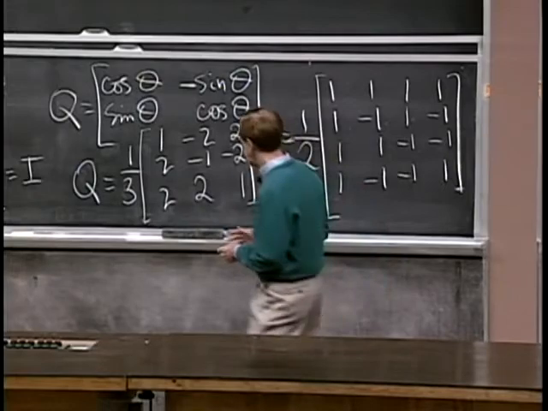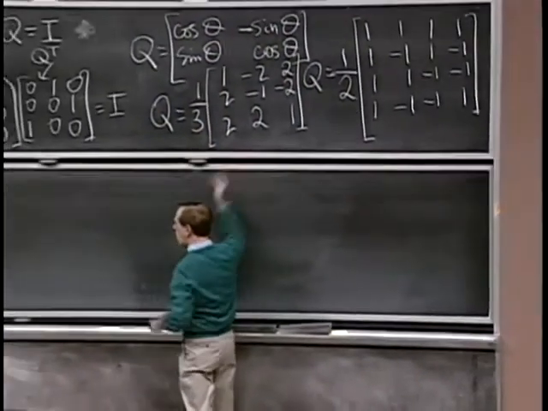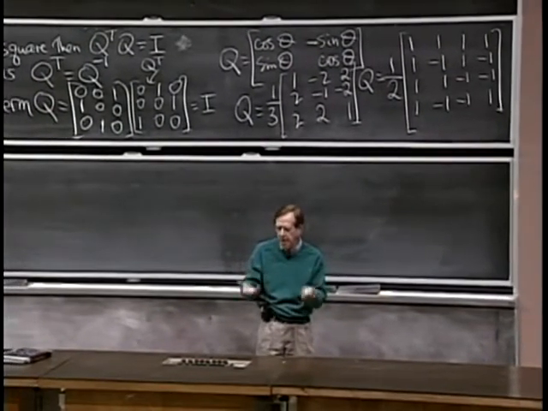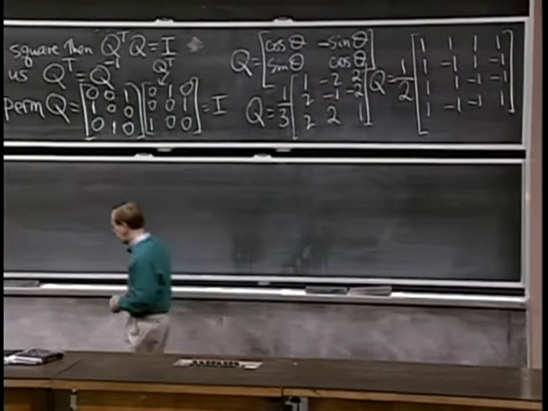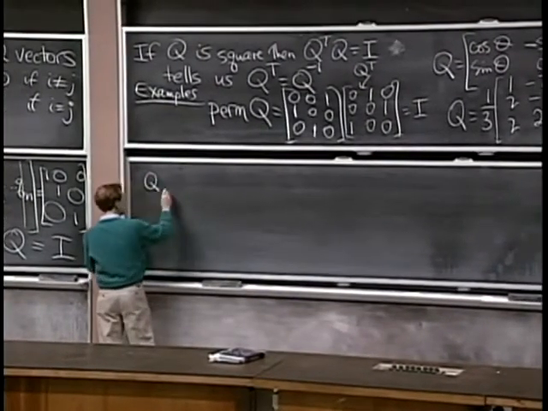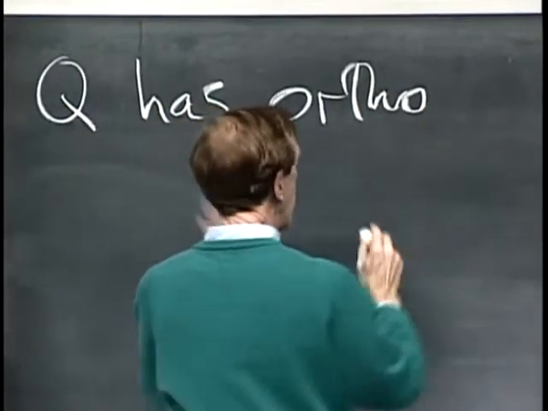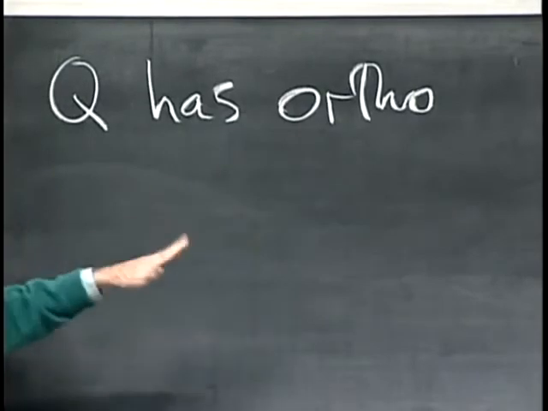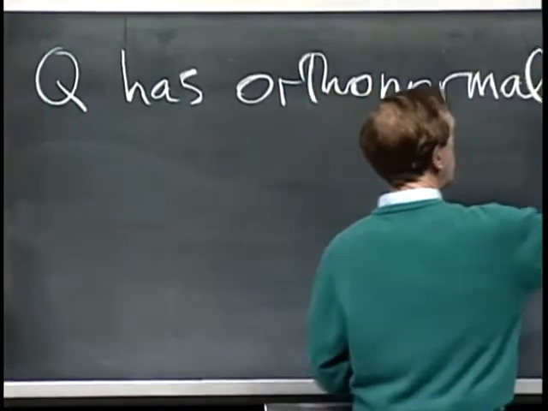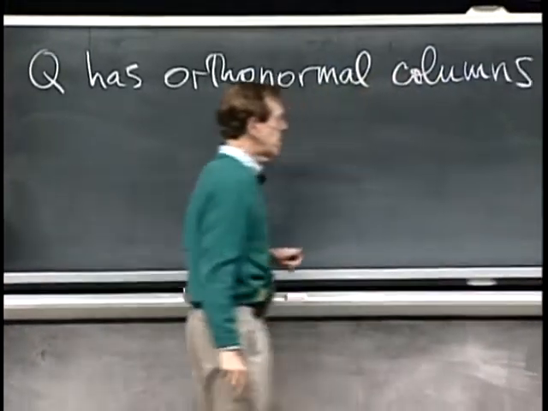Okay, great. Now, next question is, what's the good of having a Q? What formulas become easier? Suppose I want to project. So suppose Q has orthonormal columns. I'm using the letter Q to mean this. I'll write it one more time, but when I write a Q, I always mean that it has orthonormal columns.